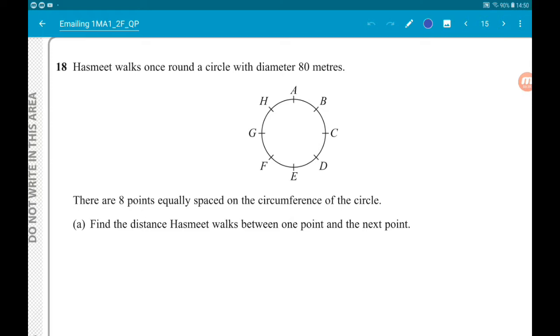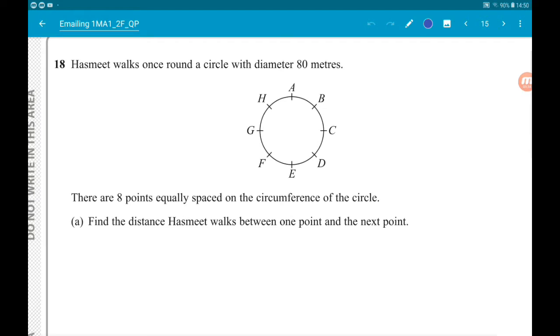Okay, so we need to work out the circumference of the circle. Now circumference is pi times diameter, so here that's pi times 80 or 80 pi.